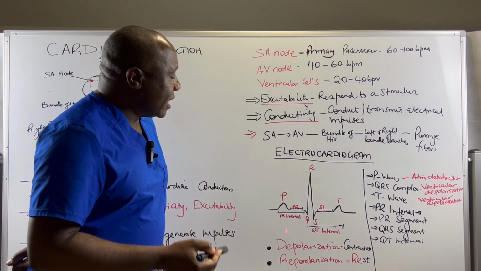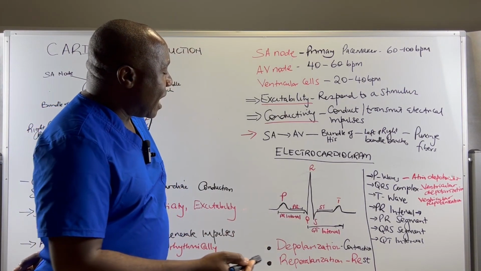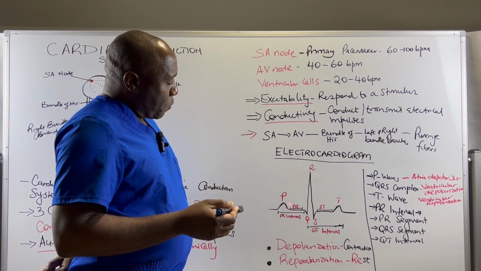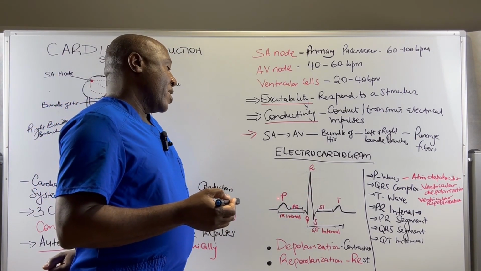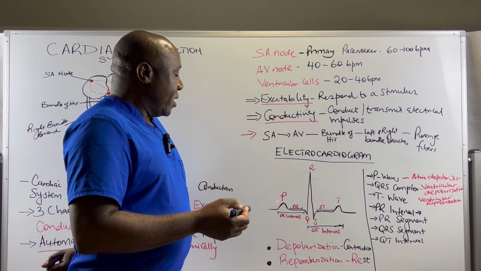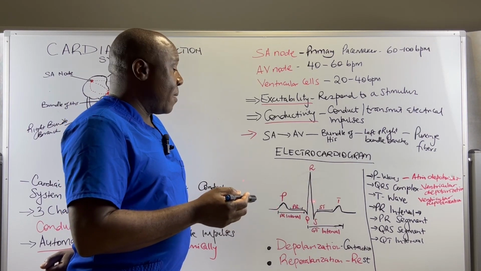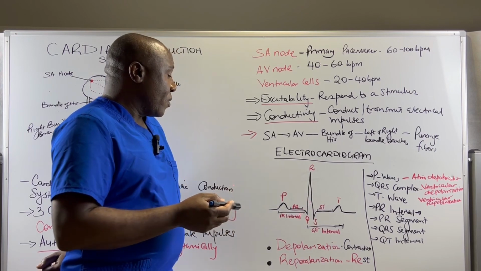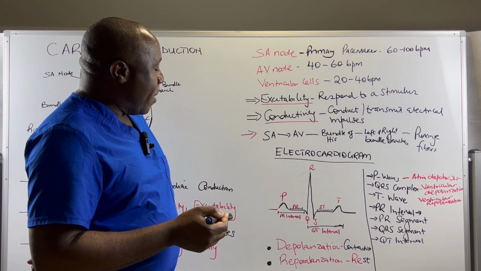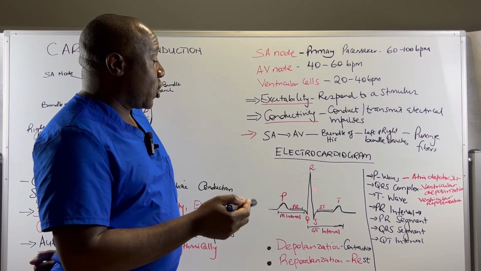So when we are interpreting an electrocardiogram, we look at the P waves in different ways. Now remember, for every QRS wave, there must be a P wave when we are looking at this electrical system. But there are cases whereby we might have a P wave without a QRS wave.